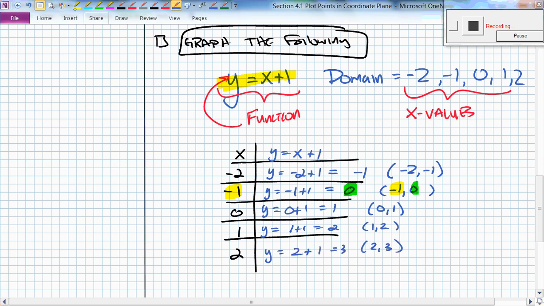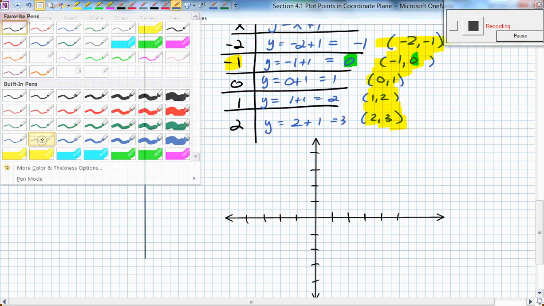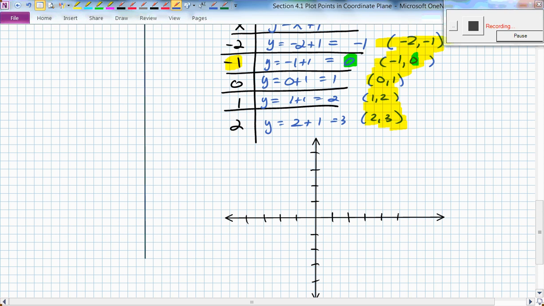Good. All right, so now what we have, ladies and gentlemen, is a bunch of coordinates, and we can graph these coordinates. Okay, so we're going to plot the first point, which should be -2, -1. So -2, -1 should be somewhere right there: 2 to the left and 1 down.